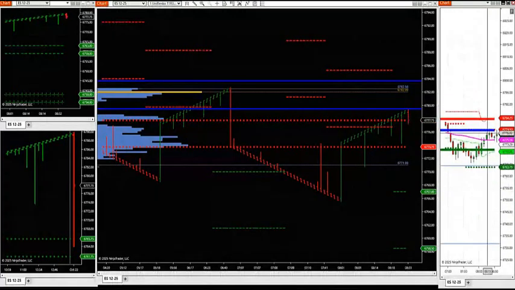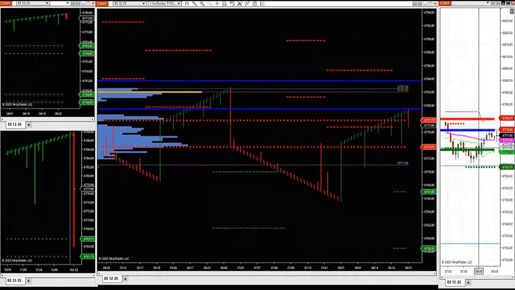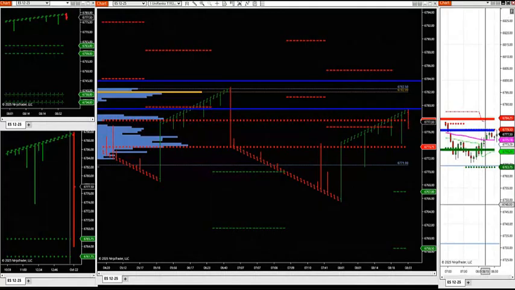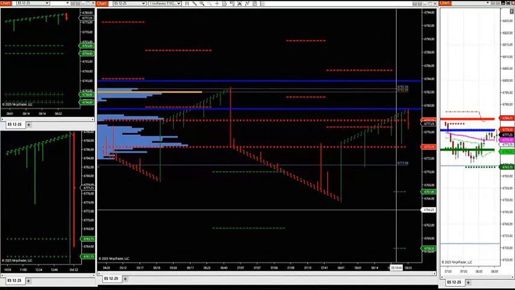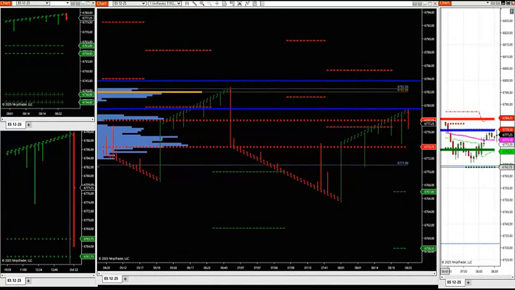You can clearly see it's in a balanced market right now in between HVA and LVA. So we'll see if we can get down to that level. If we break 63 3/4, fill that gap, or if we break out 84, the market can go to the upside.